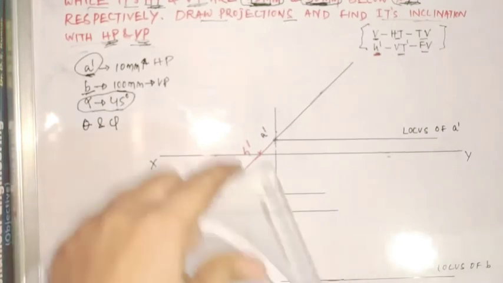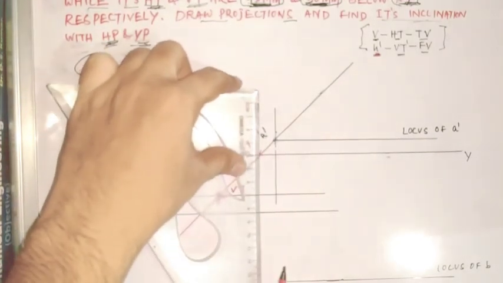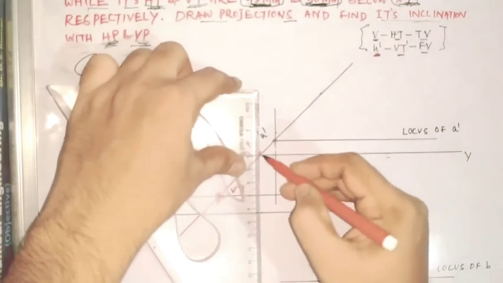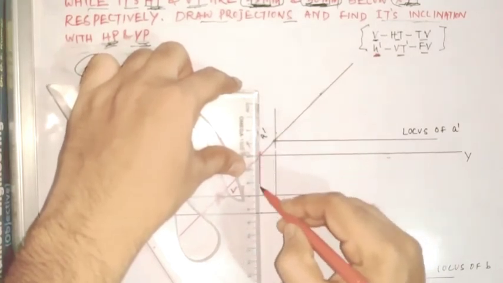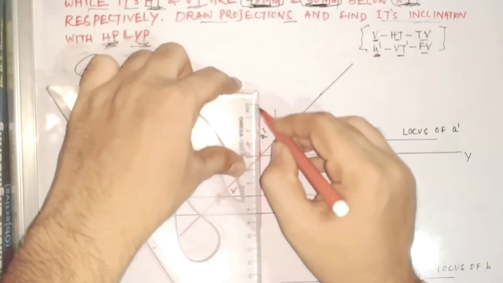So now we can draw a vertical line over here. So if we draw that, I can draw a vertical line like this.